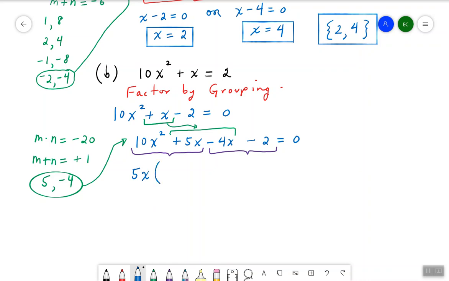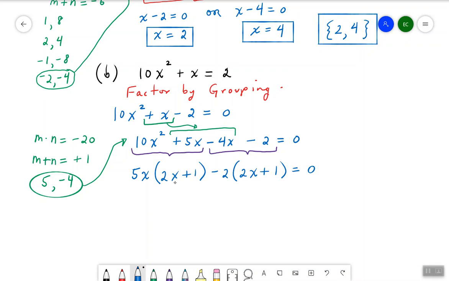Take 5x out of the first two terms, and you will have 2x plus 1 left over. And then out of the next two terms, factor a negative 2. And what do you have left over? 2x plus 1.